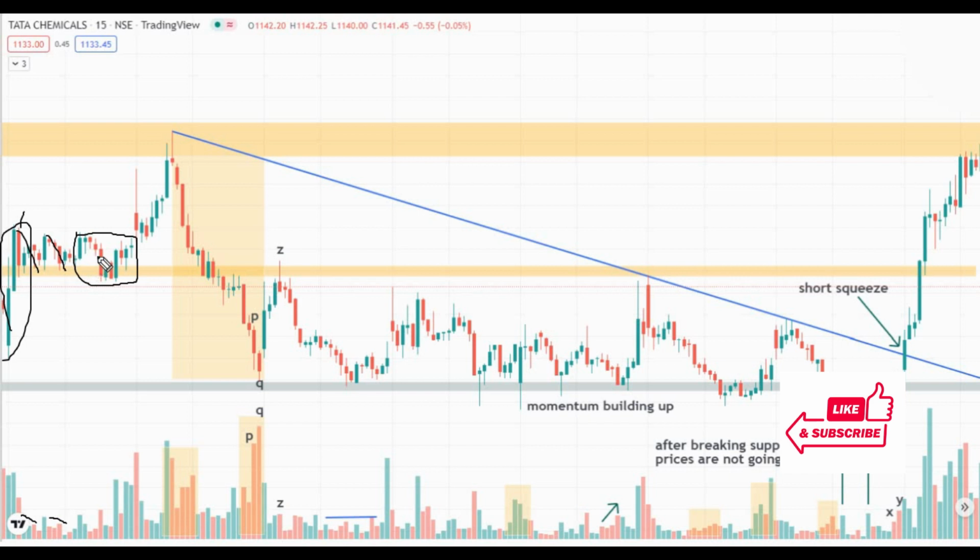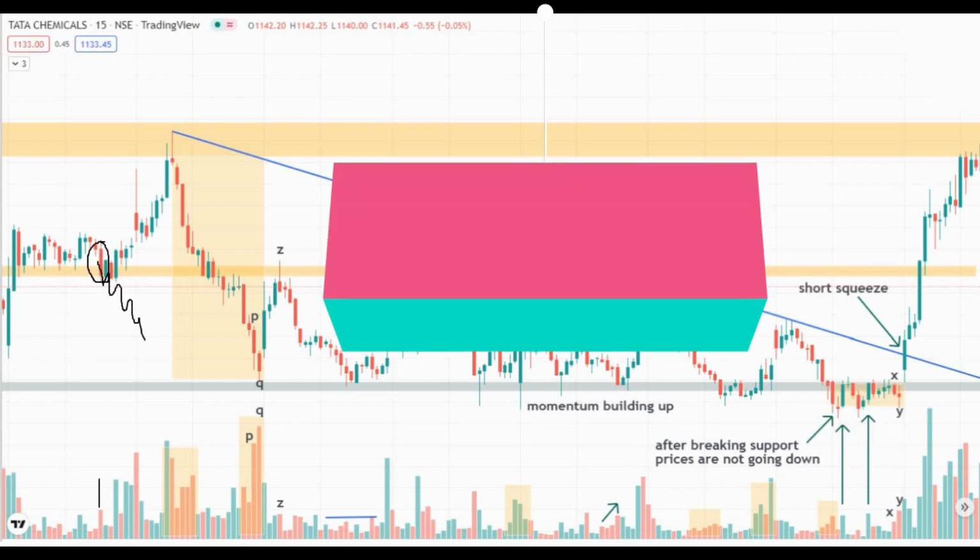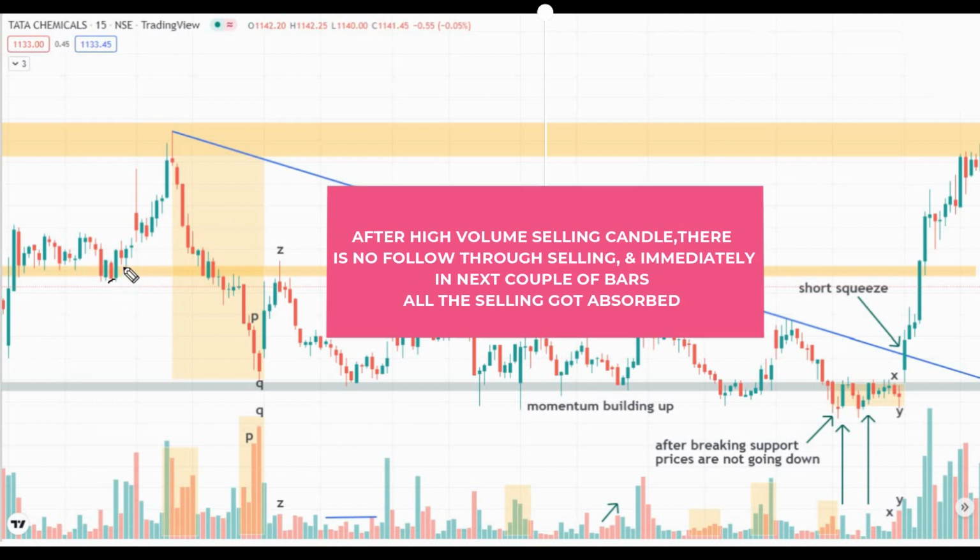Now here what happened? See this volume and see this bar. Here high volume activity is noticed, and sellers tried very hard at this candle to break this level and push the prices towards the downside. But what happened after that? After this high volume selling candle, there is no follow through towards the downside, and immediately buyers pushed the prices again above the support level.